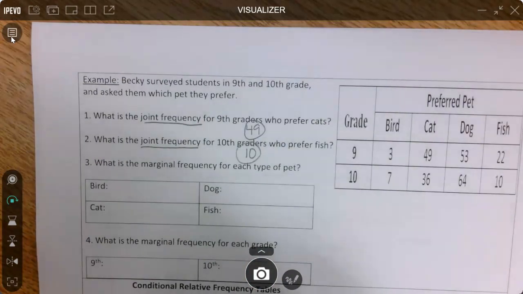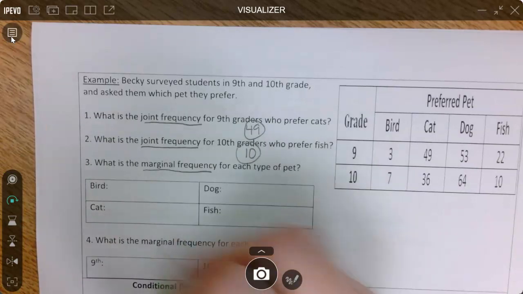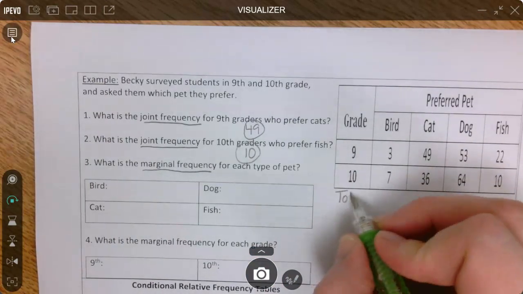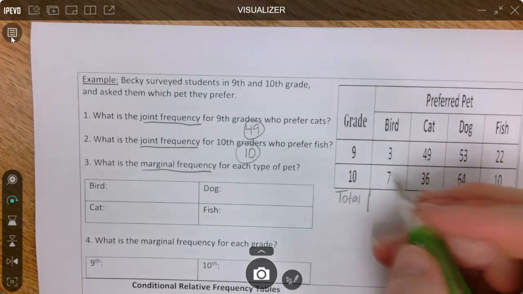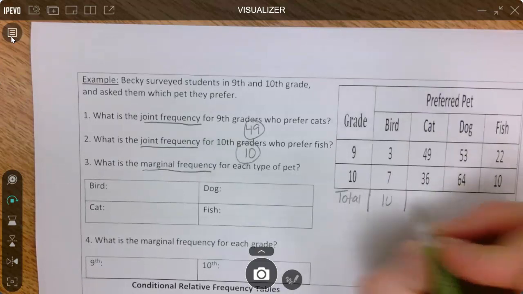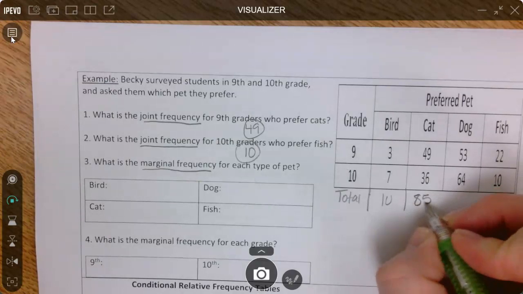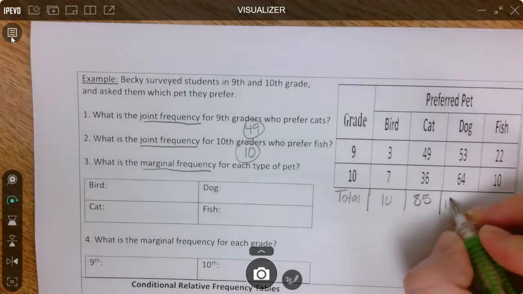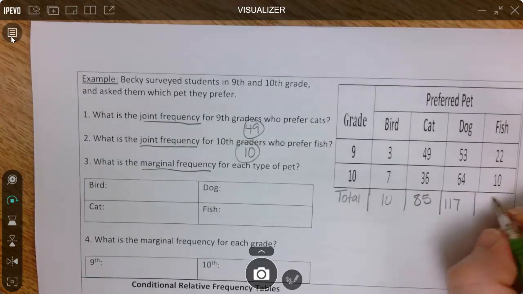All right. So now let's fill out this table because we have to know the marginal frequencies to fill these out. So let's do our totals here. 3 plus 7 is 10. 49 plus 36 is 85. 53 plus 64 is 117. 22 plus 10 is 32.